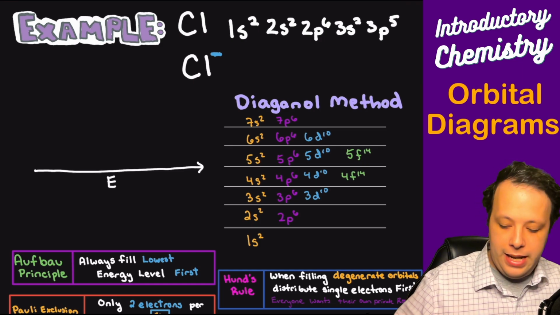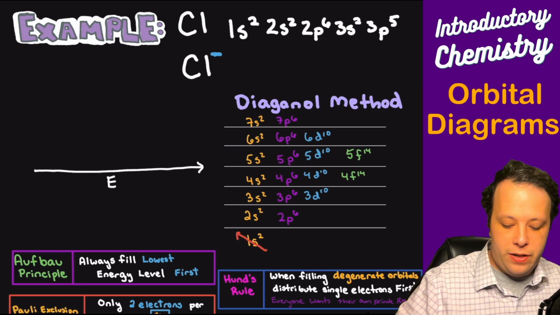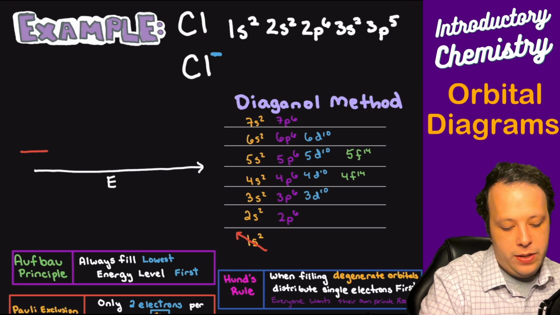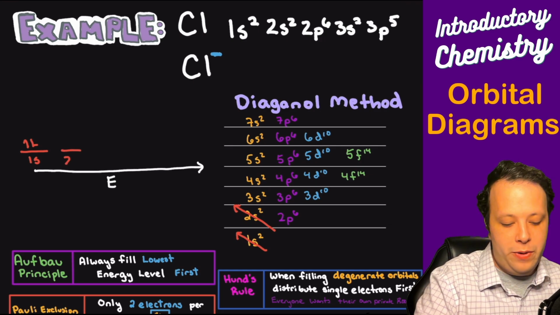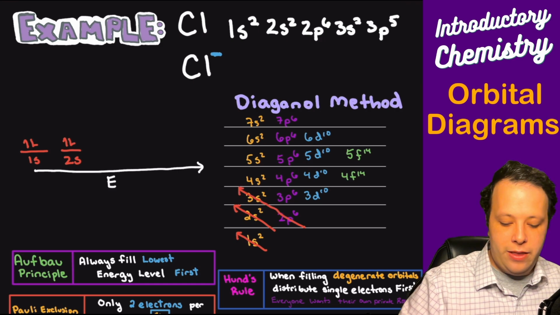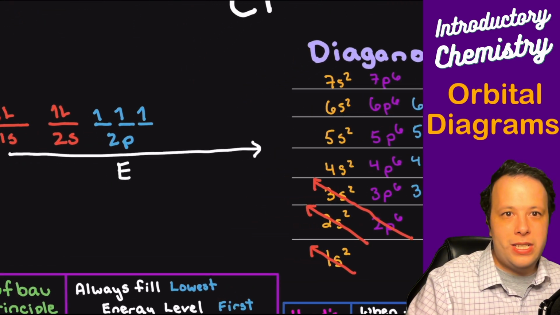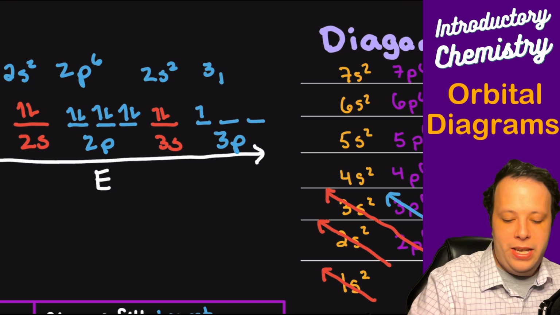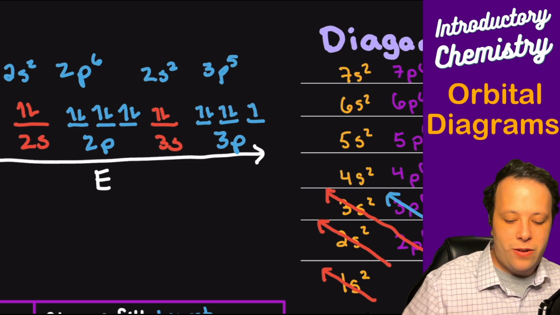So in this case, if I want to go from left to right, we're going to do the same thing as before. We start at the 1s, and we are going to write those 2 electrons in 1s. Next, we have 2s, so we'll write our 1 orbital for 2s, put our arrows. We'll go to 2p and then 3s. Now at 2p, we have 3 orbitals here, 1 in each going across. And then 3p5, we will fill 3 across and then come back with 2 electrons.